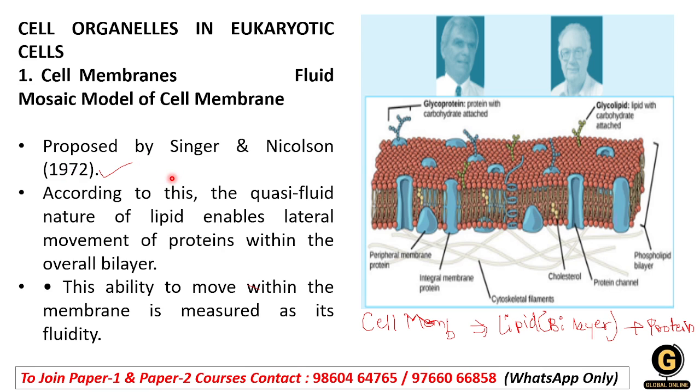They proposed that proteins are like icebergs in the sea of lipid. They said that the cell membrane is made up of lipid bilayer plus protein, and the ability to move within the membrane is measured as fluidity.